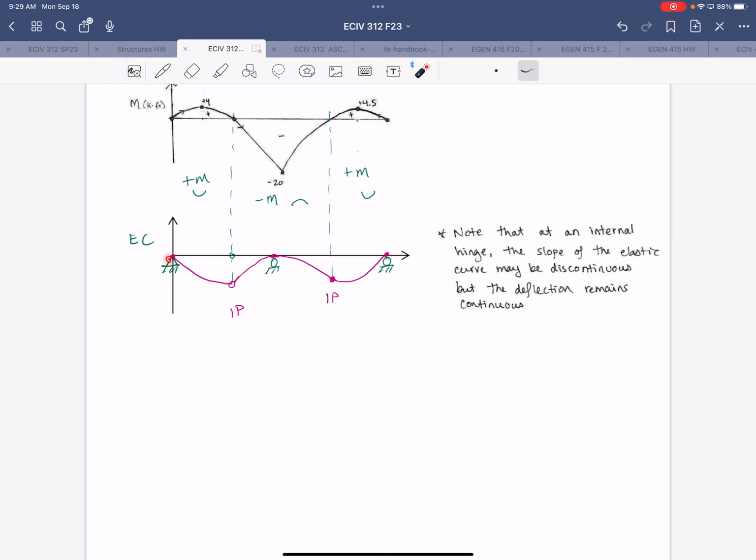Those are the three main things I'm going to be looking for. Don't worry about magnitude. We're just doing qualitative stuff with the elastic curve. And go ahead and draw them exaggerated because that's usually the easiest way to get all the information out there clearly.